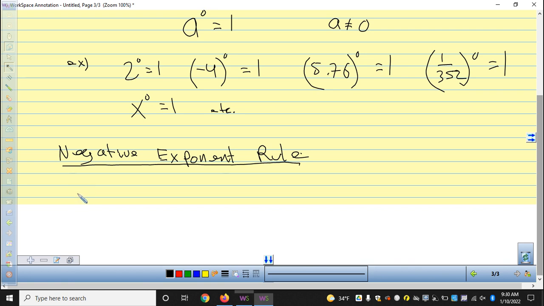I like to say it this way: a negative exponent on top, we could also say in the numerator, becomes a positive exponent on the bottom.